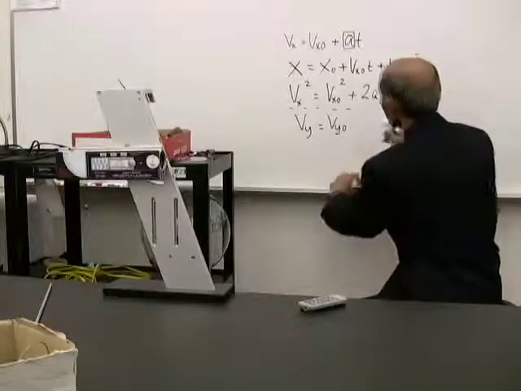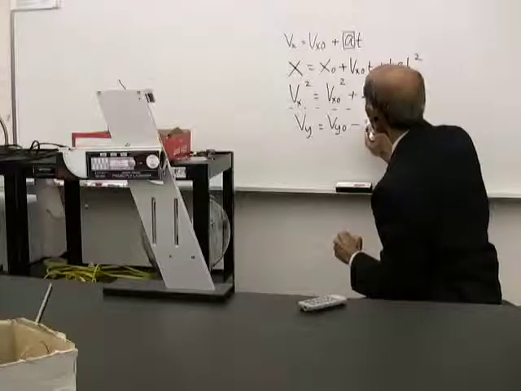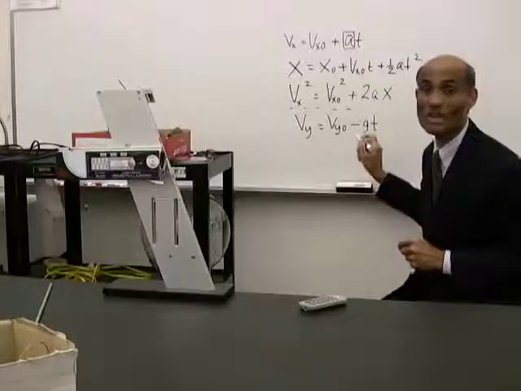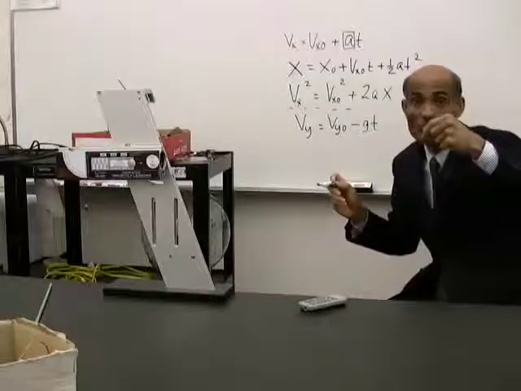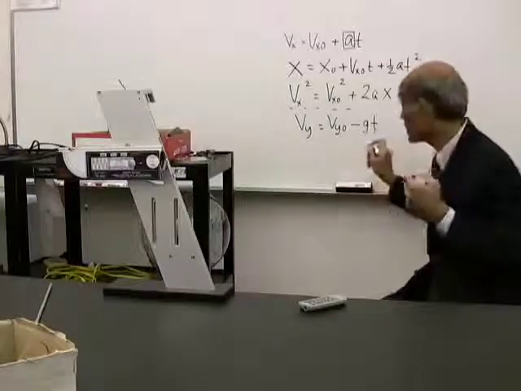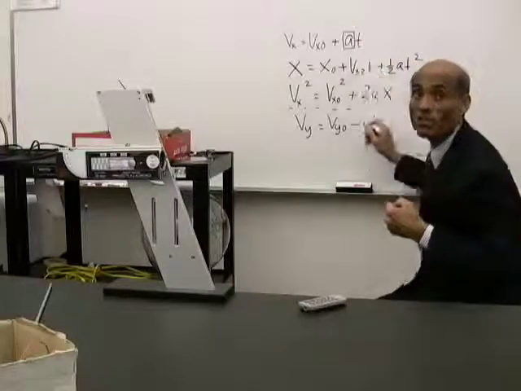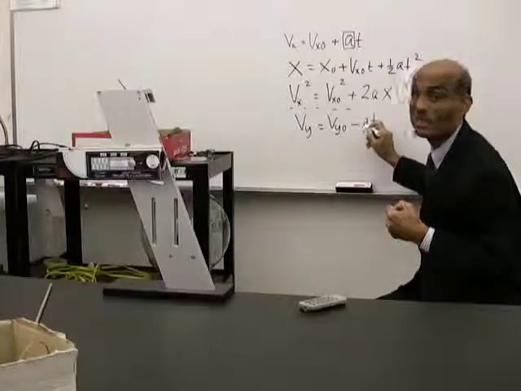So, in place of plus at, it will become minus gt. I hope you understand that. For a vertical motion, the acceleration is negative g. So the a gets replaced by negative g.